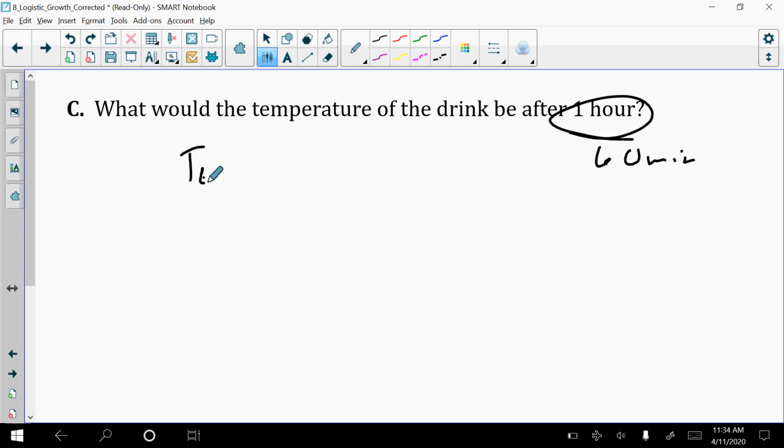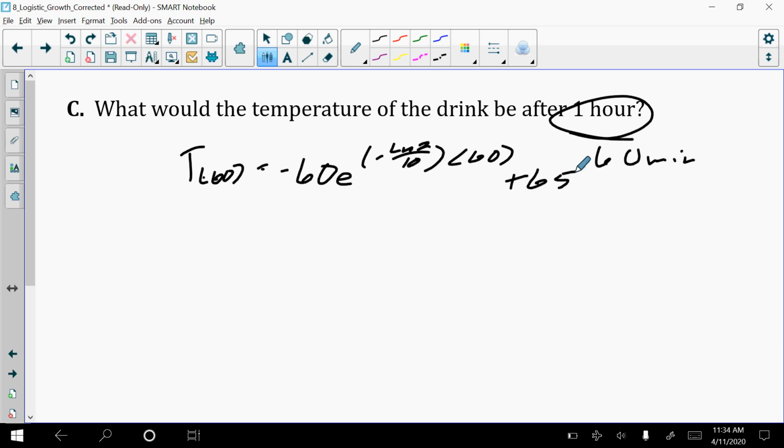So we'll say T of 60. On your calculator, we have negative 60 times e to the negative natural log of 2 over 10 times 60, plus 65. You'll type that directly into your calculator, and T of 1 hour or 60 minutes would be approximately equal to 64.063 degrees Fahrenheit.